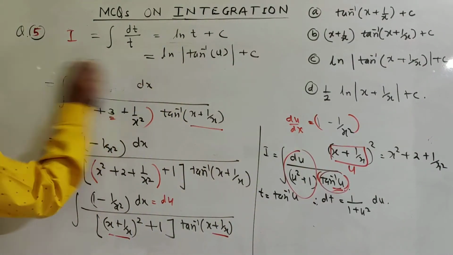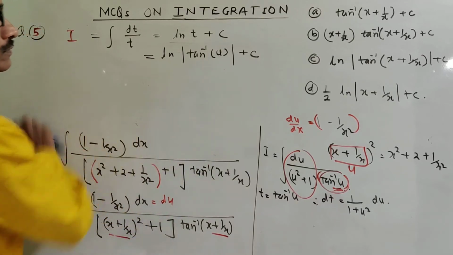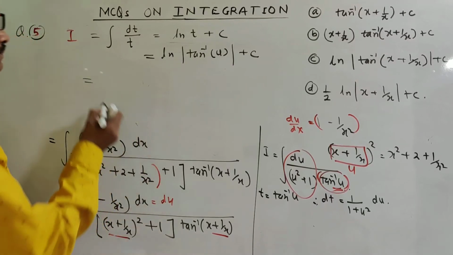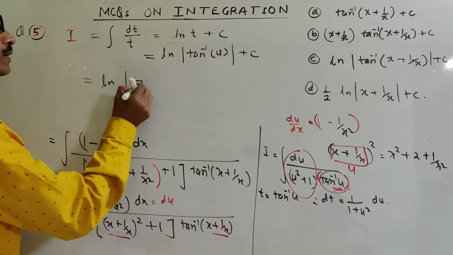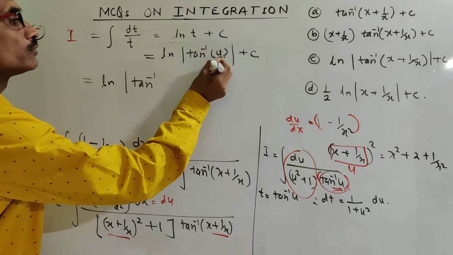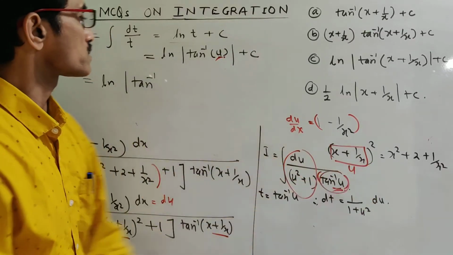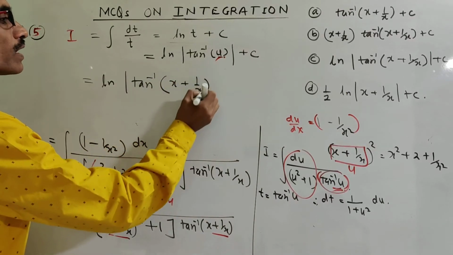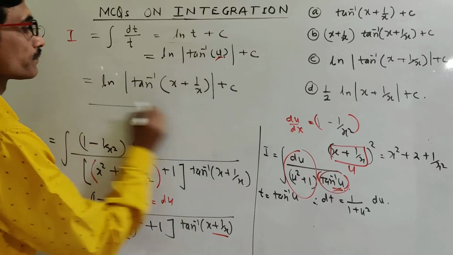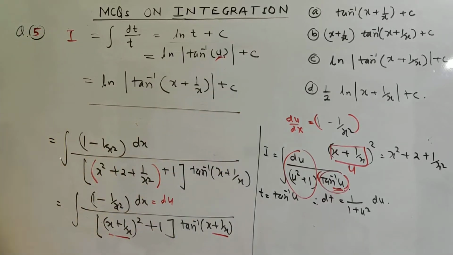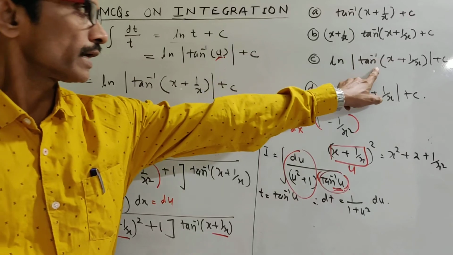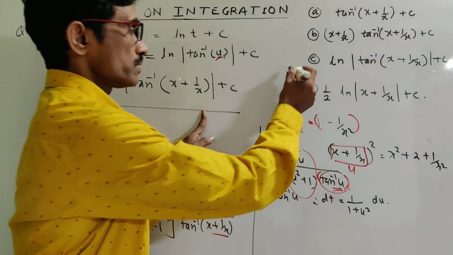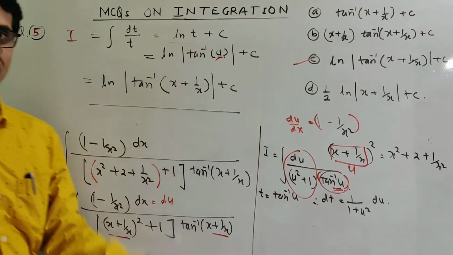So therefore we will write it as log of tan inverse of (x + 1/x) plus c. So that means option C is the correct option.